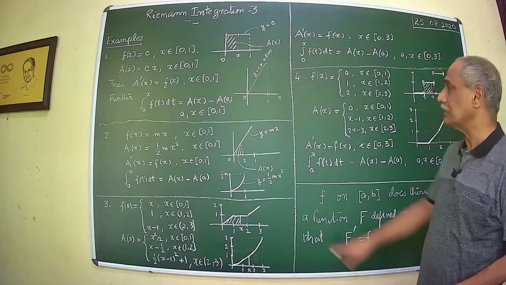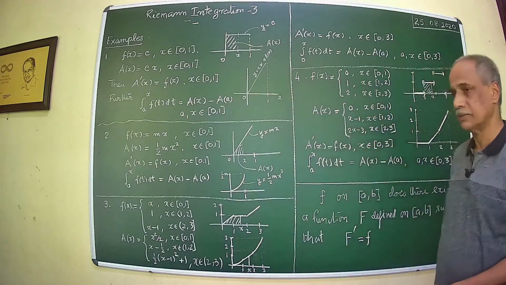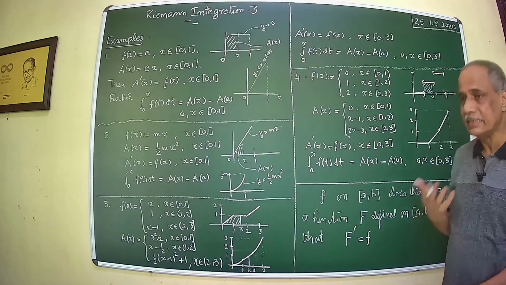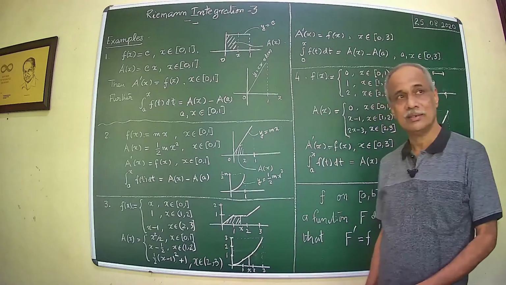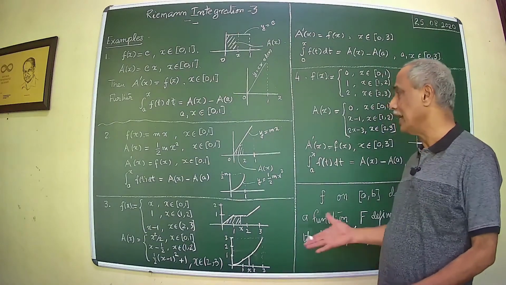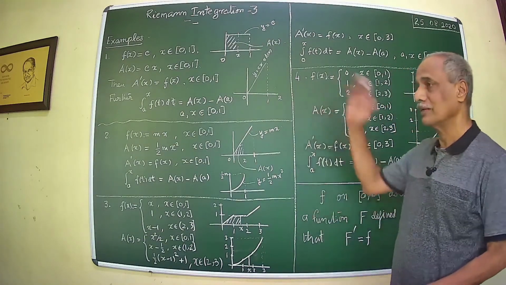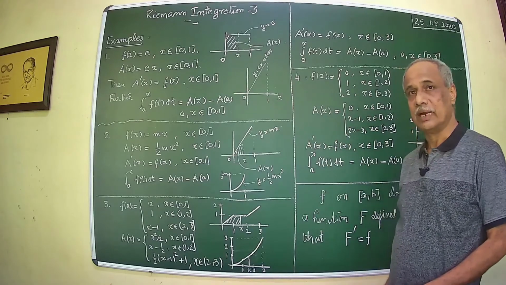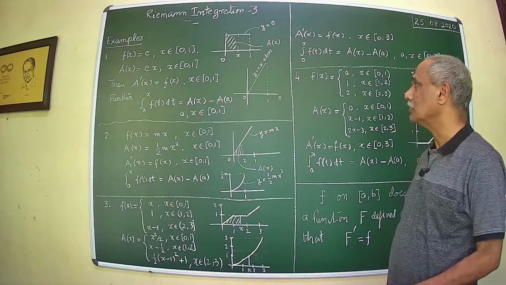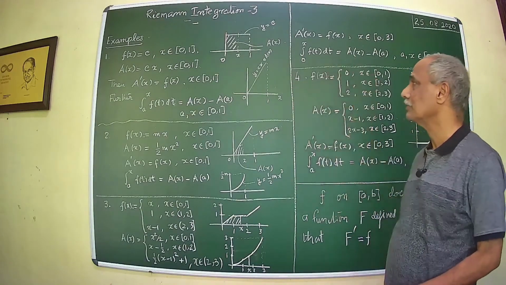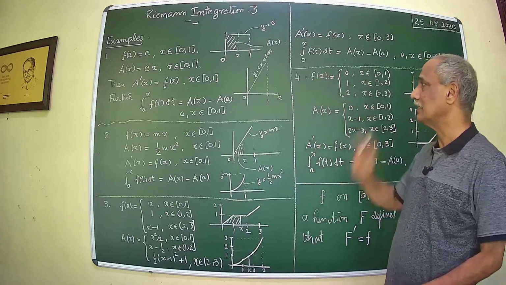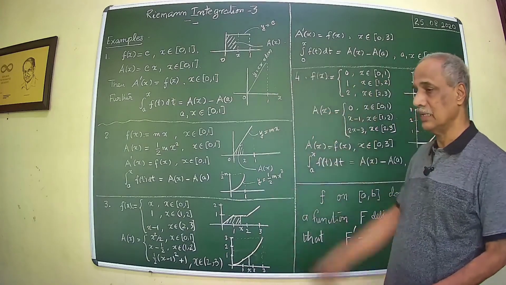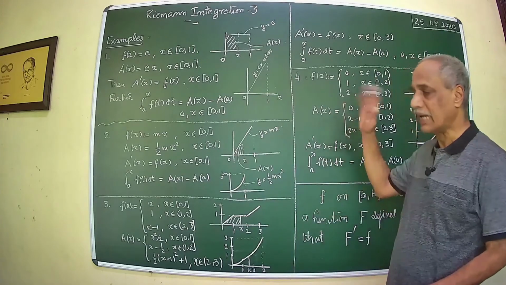And in this context we examined these 4 examples and we got a hint. What is the hint? Compute the area under the curve. That means the area enclosed between the curve, the x-axis, the ordinates in the graph of the function.